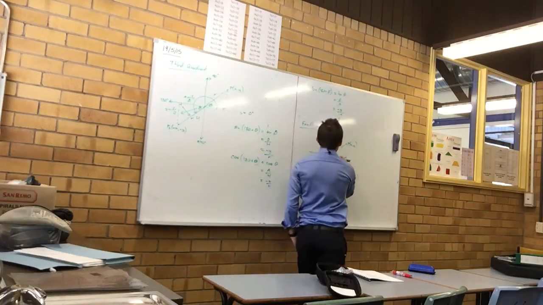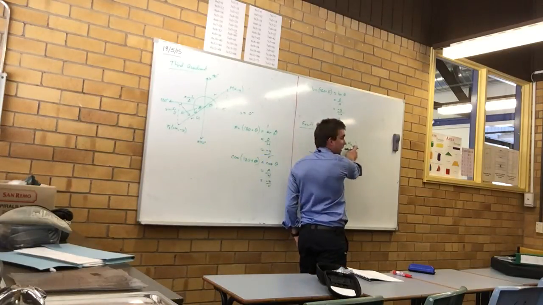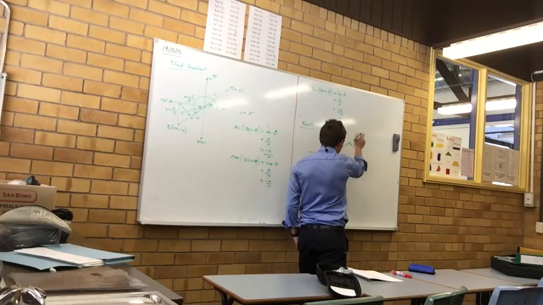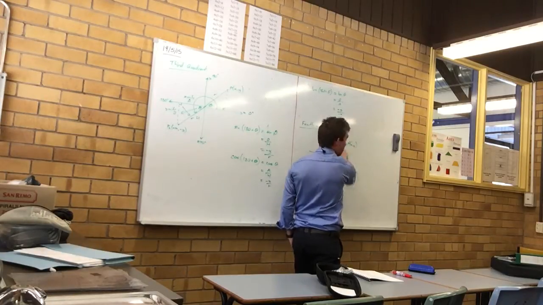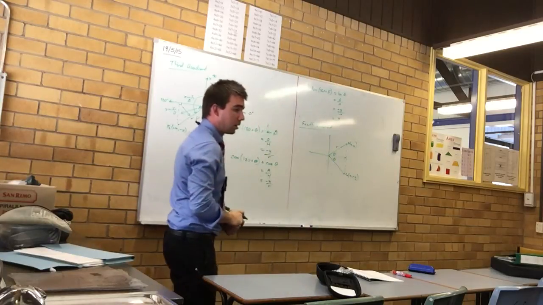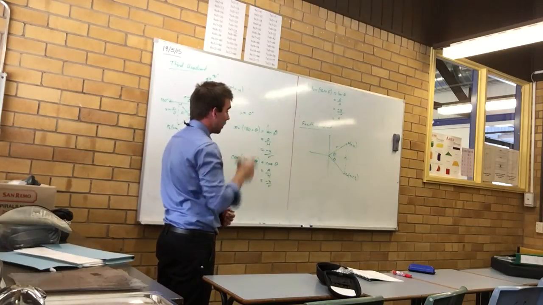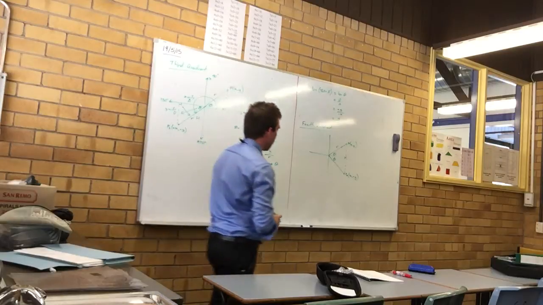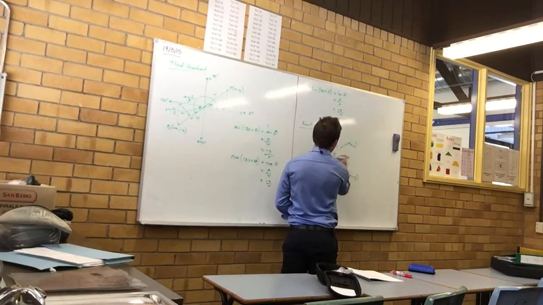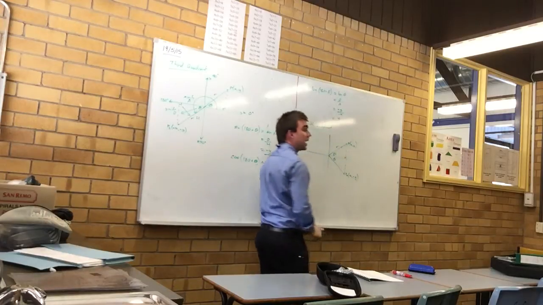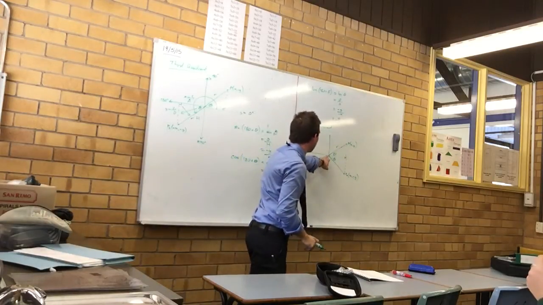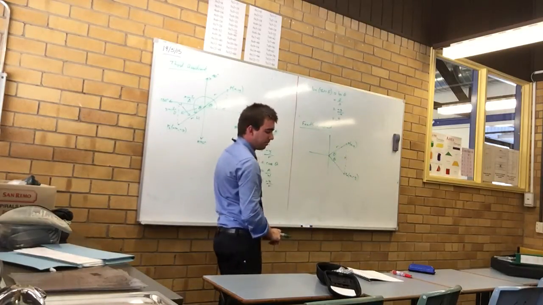Because of the same magnitude but different sign, it'll be the same angle at the centre. So, the displacement from here to here is positive, the displacement from here to here is negative.